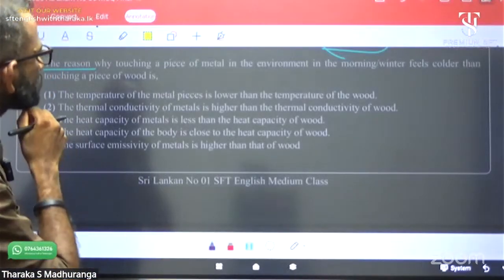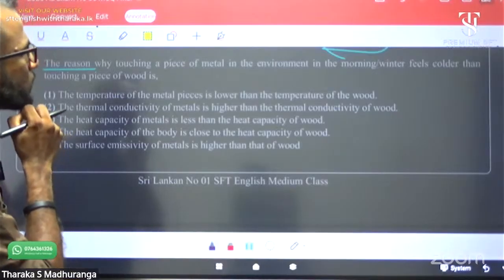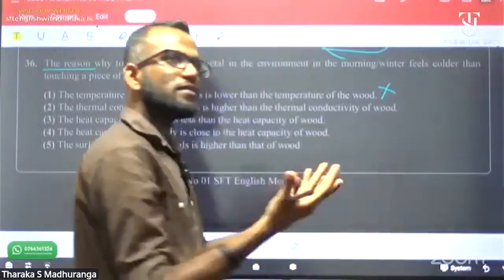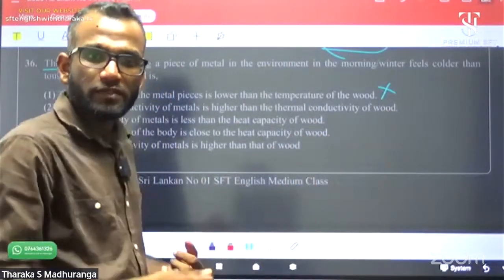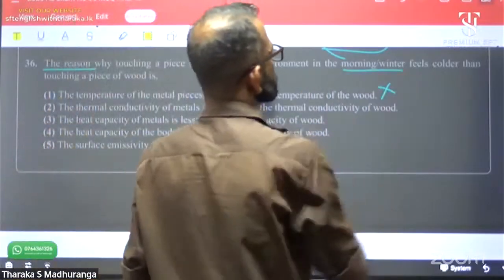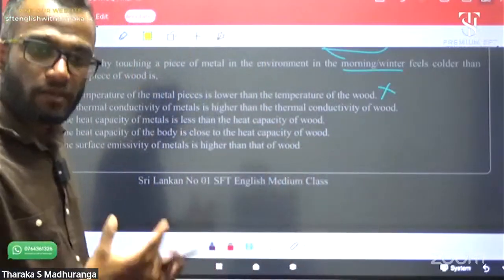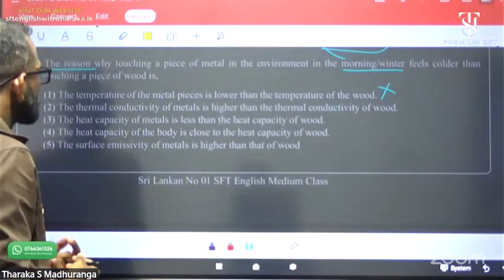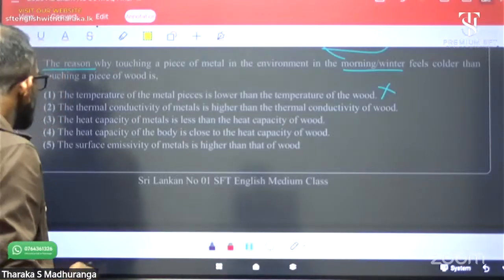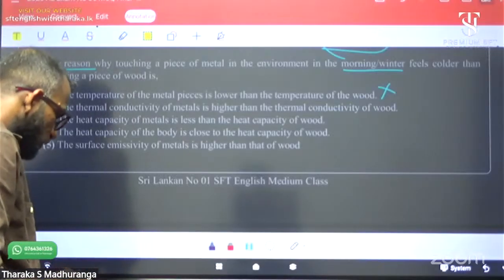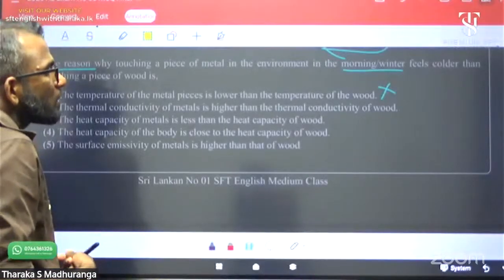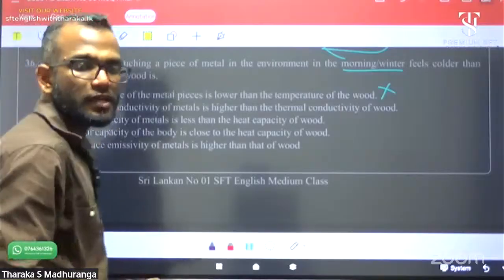Okay, what is your answer? The temperature of metal pieces is lower than the temperature of wood? No. Both are in the same environment, morning of winter season, so both can get the same temperature. The thermal conductivity of metal is higher than the thermal conductivity of wood.